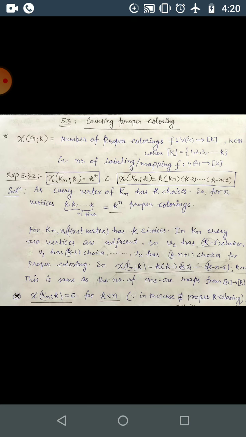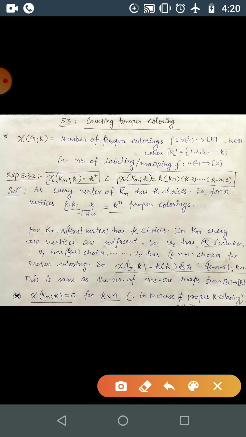So this is proper coloring, you already know: an assignment of k colors to all the vertices of the graph, that is a proper k-coloring, such that no adjacent vertices get the same color, that is whenever vertices are adjacent they get different colors.